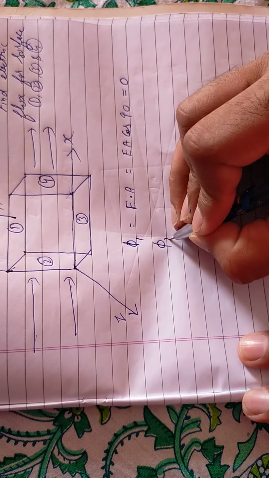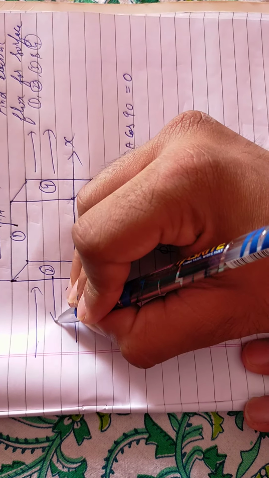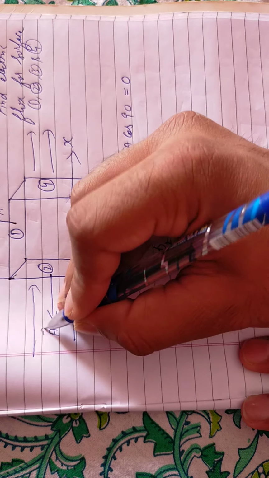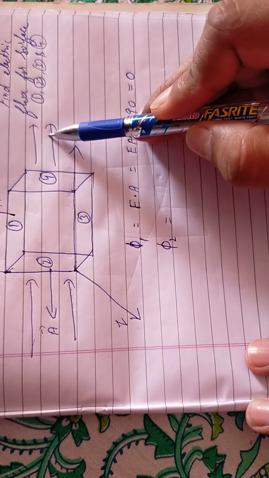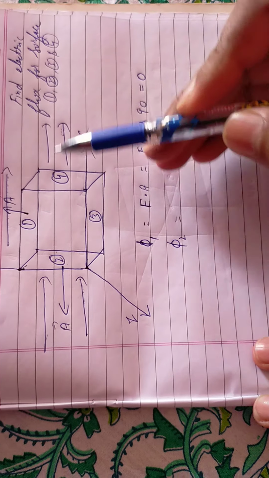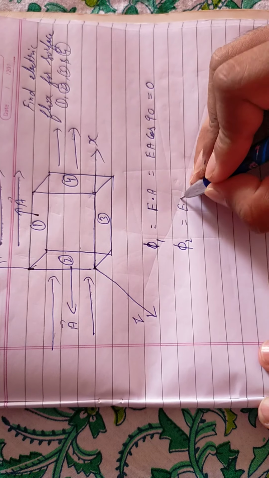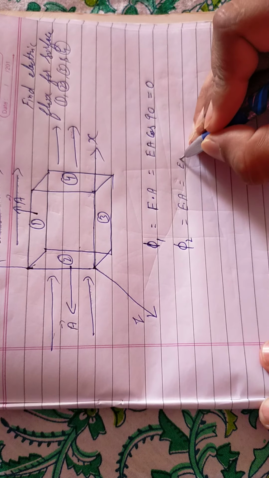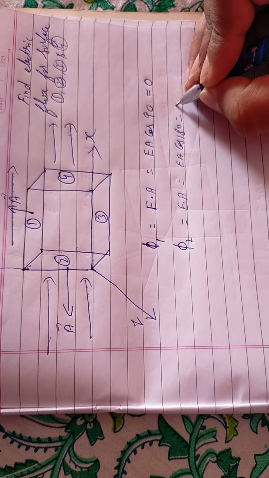For the second surface, the area vector is outward, means in this direction. Now the electric field lines are moving from left to right, and the area vector is from right to left. The angle between them is then 180, EA cos 180, and cos 180 is -1.